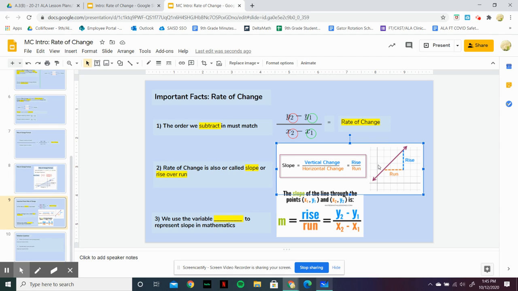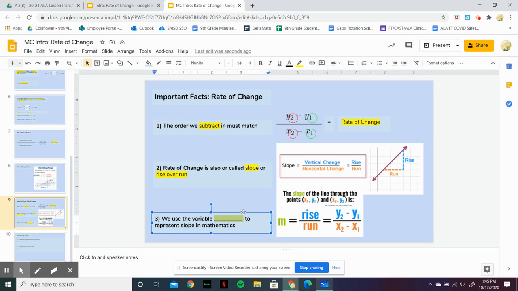Well, that is the amount the graph is rising divided by the amount the graph is running, meaning going back and forth across the x and rising, going up and down. And the reason we say slope is because you could compare this line to something like a mountain or a road in that it is not flat. So it has some kind of slope to it.